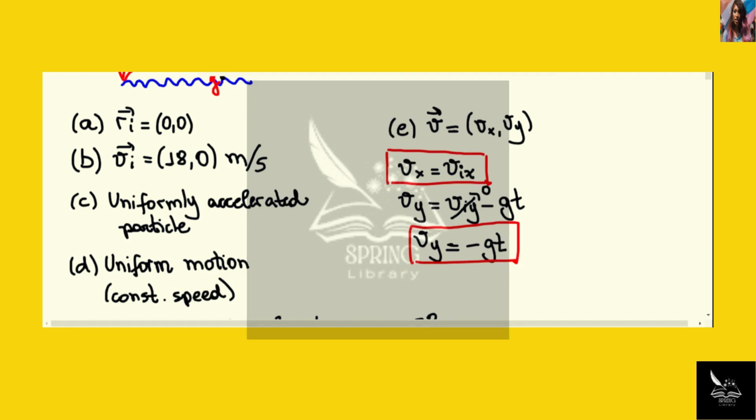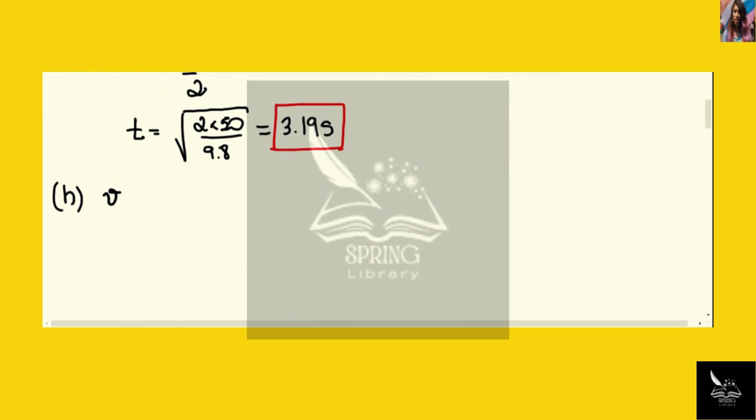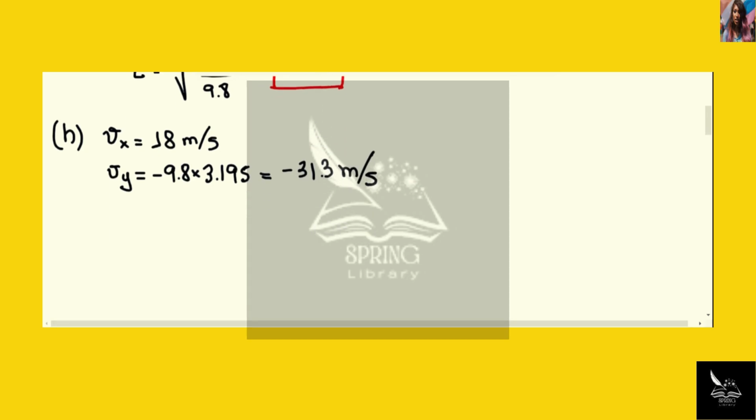Notice that for the x-coordinate it's constant, for the y-coordinate it's minus gt. So vx is just v_ix, and that's 18 meters per second. And vy is minus 9.8, which is g, times t, which is 3.19 s. So this is minus 31.3 meters per second.